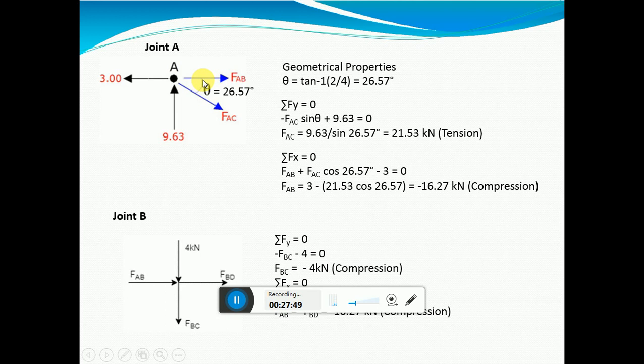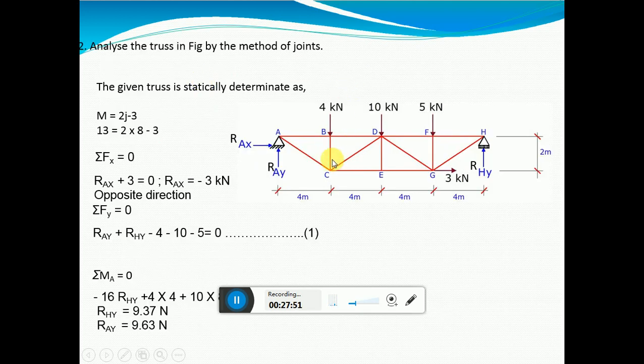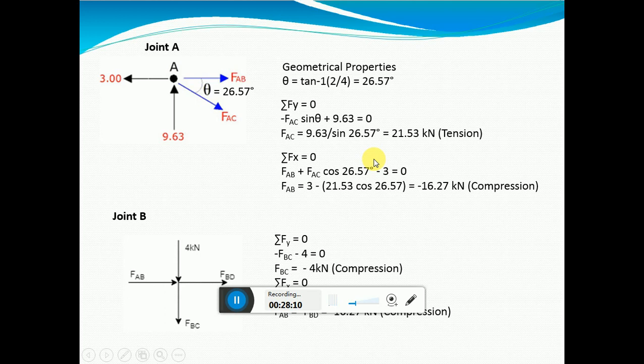Likewise, please find out all the angles, because you have the sides. Just by applying tan theta, you can find out all the angles, and we require them when we go for each joint. So please solve it and mark it over there.